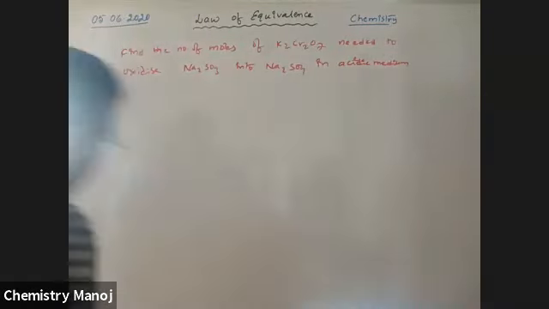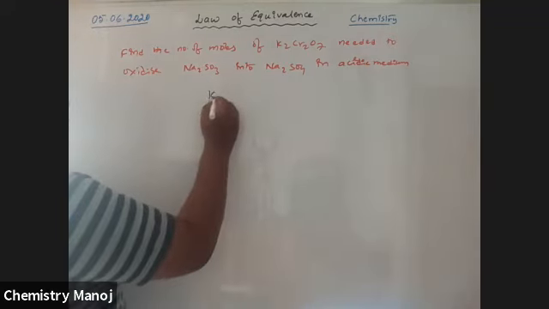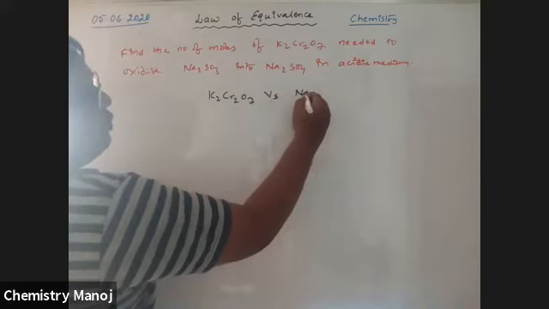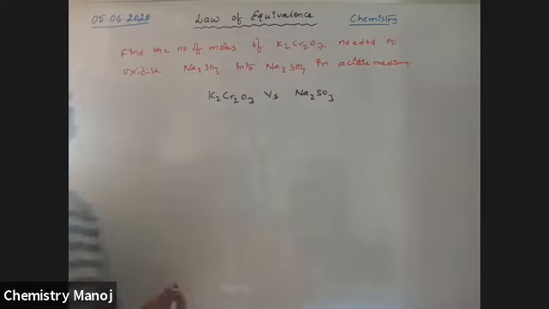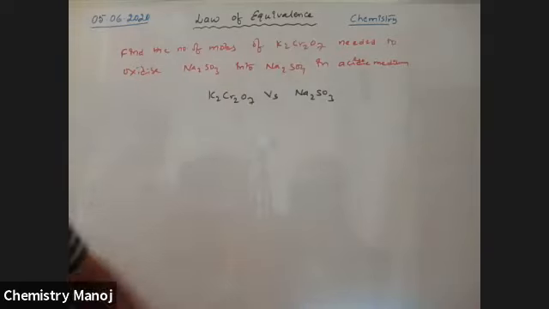Here is the reaction between K2Cr2O7 versus Na2SO3. Calculate. Same condition. N into N factor for this one is equal to N into N factor for that one. Wrong. Harshit, wrong.